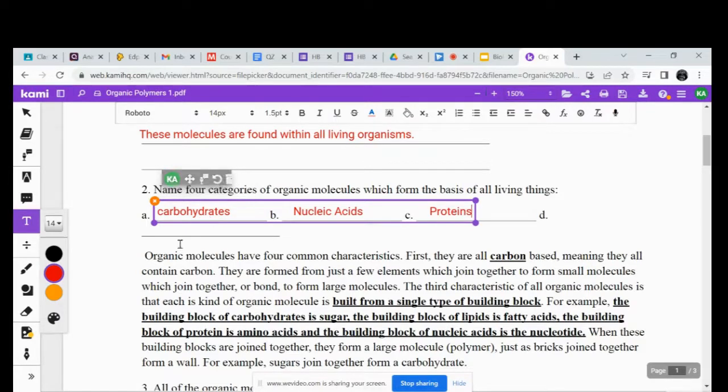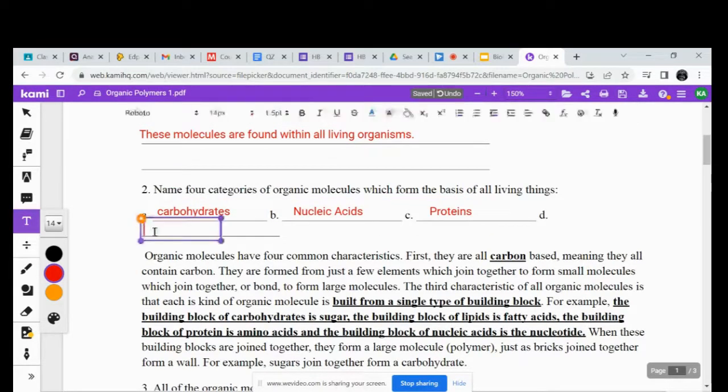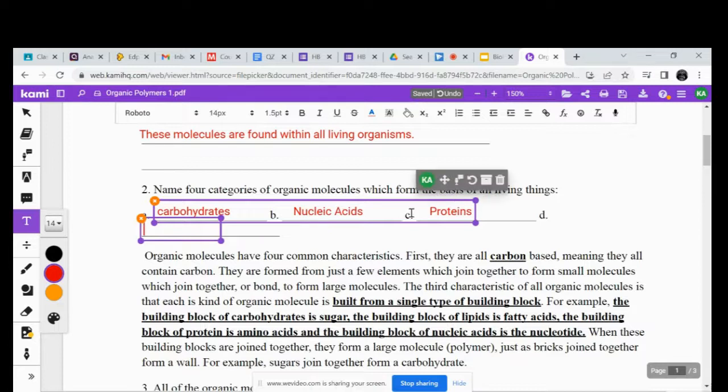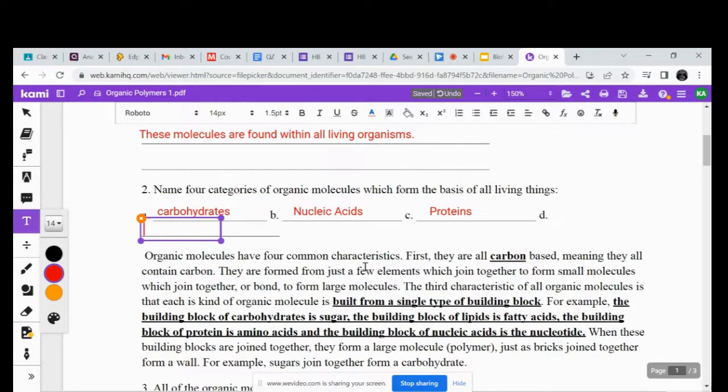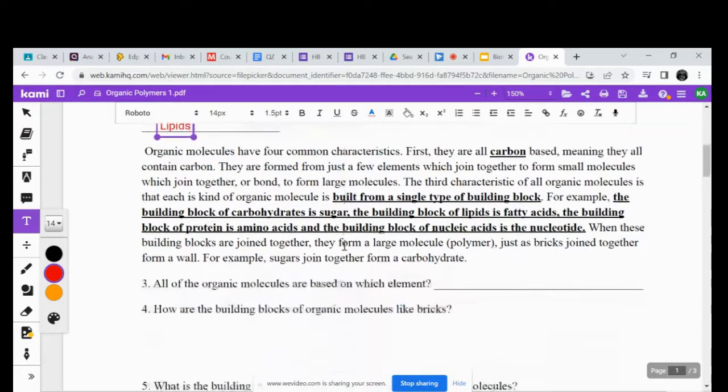Proteins play a lot of different roles in the body. Nucleic acids and proteins are probably going to be the most important ones. And then our last one is called lipids. Lipids, mainly, you call them fats. So lipids are fats, oils, waxes. So those are the 4 main macromolecules that are found in living things.